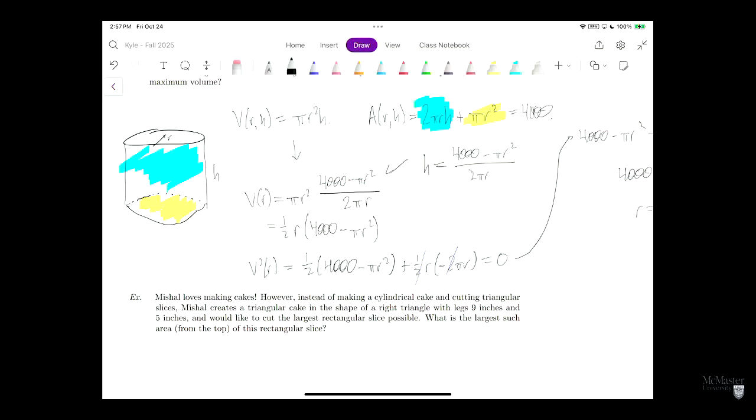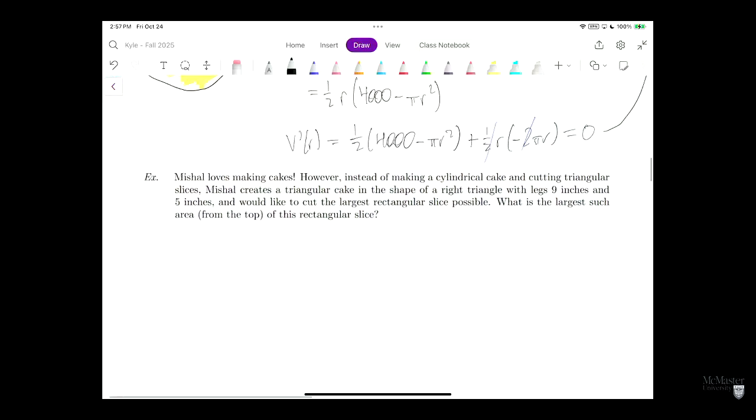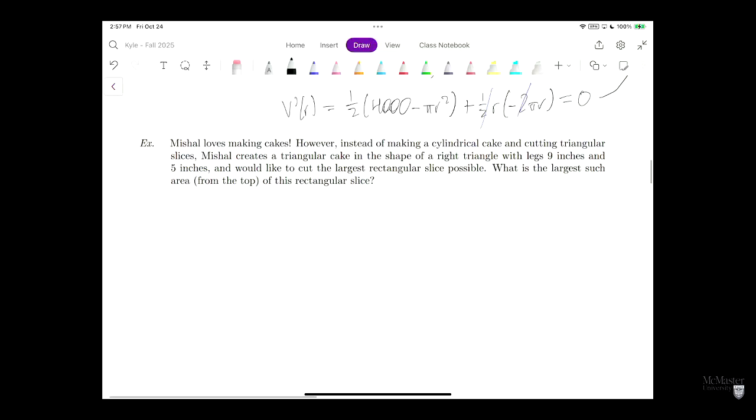But instead of making a traditional cylindrical cake and cutting triangular slices, Michel creates a triangular cake in the shape of a right triangle with legs 5 inches and 9 inches. So here's our 9 inches and our 5 inches cake.